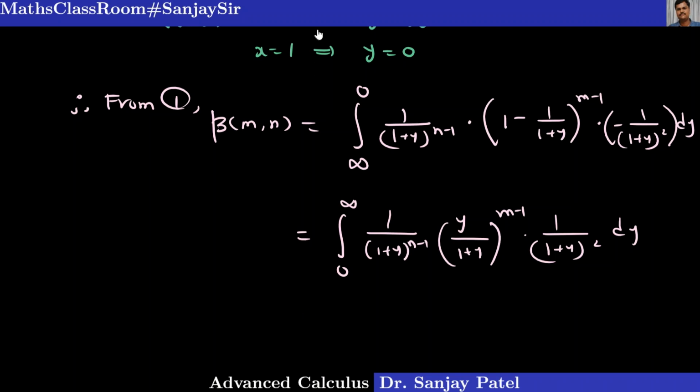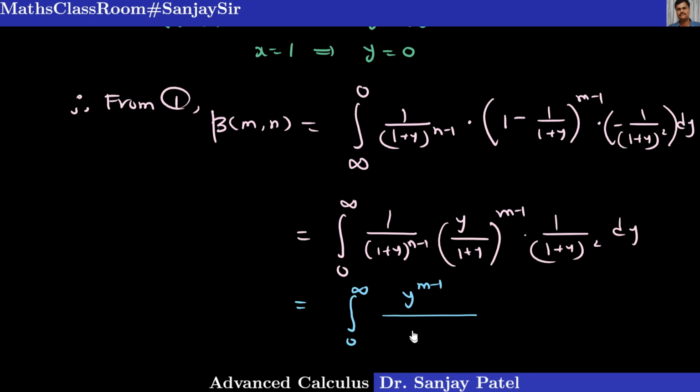So by simplifying, I can write integral 0 to infinity y raised to m minus 1 upon 1 plus y raised to n minus 1, 1 plus y raised to m minus 1, and 1 plus y raised to 2.